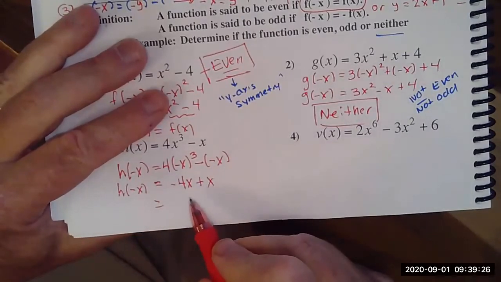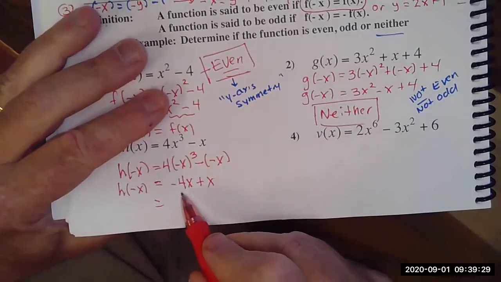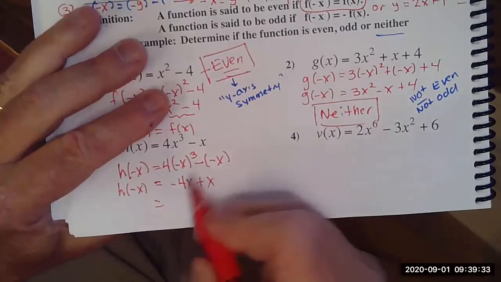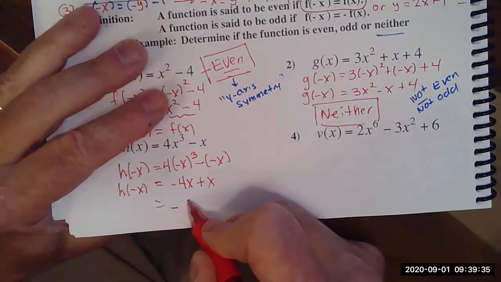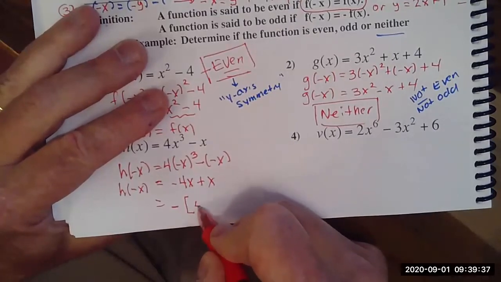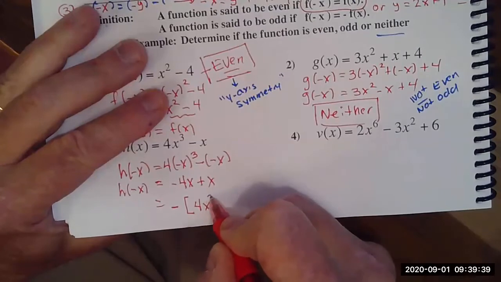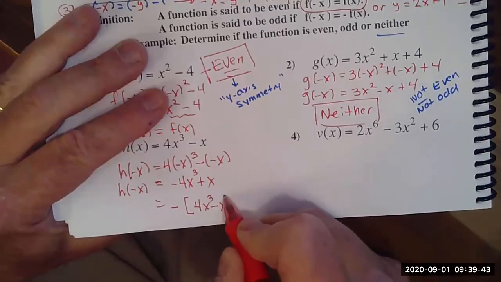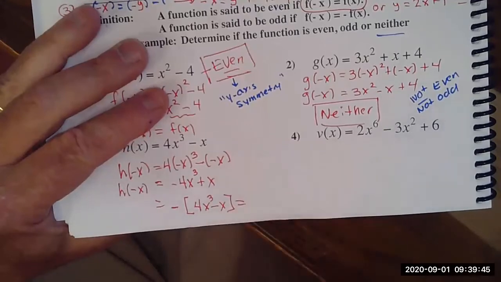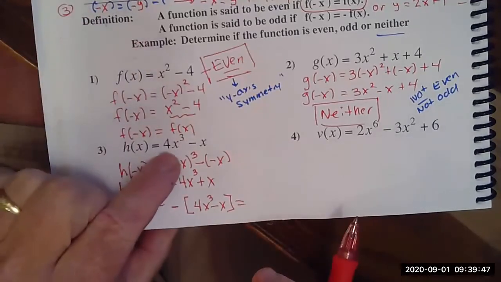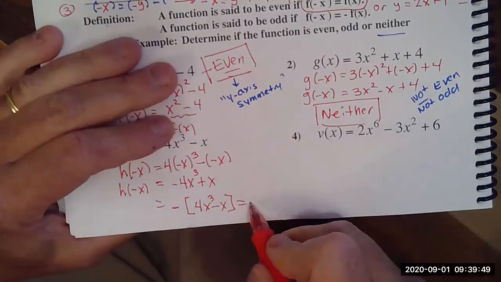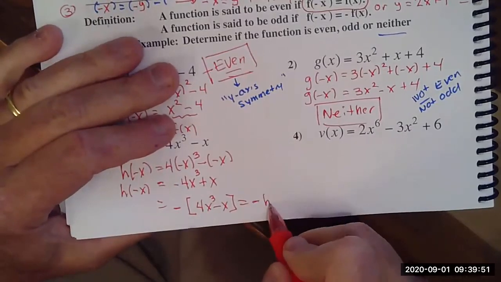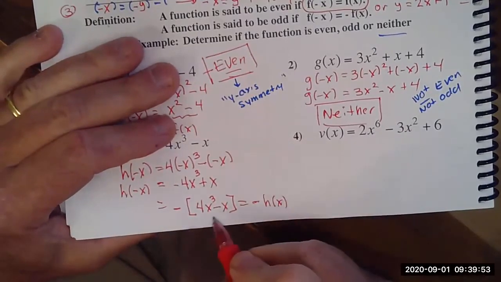Now you don't have to do it this way, but if I factored a negative sign off both of these, what's in the bracket is the original.